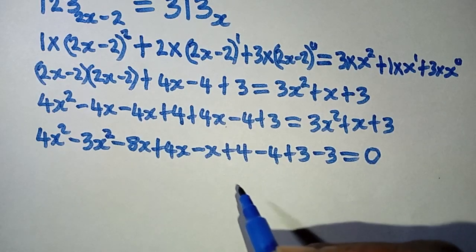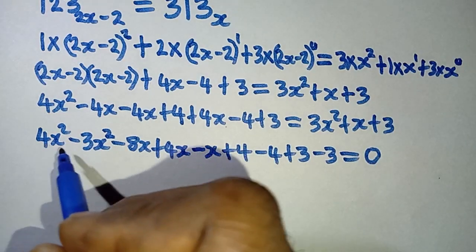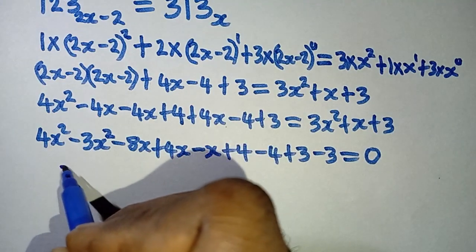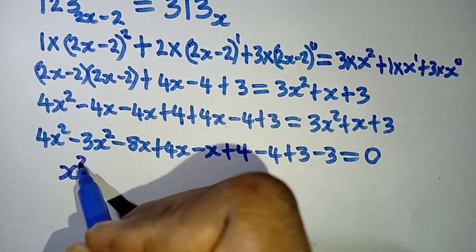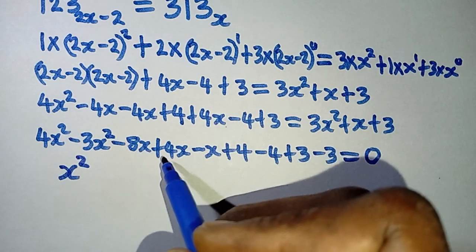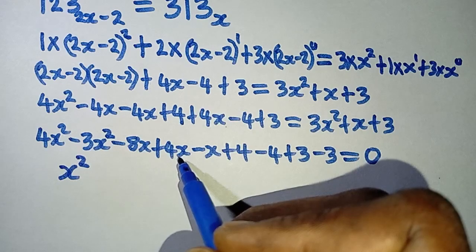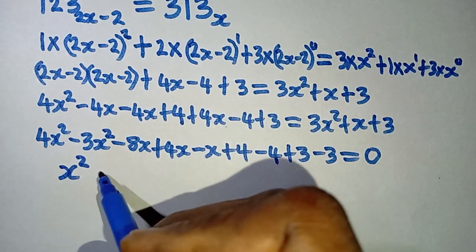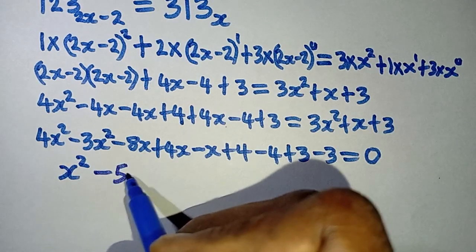Now, the next thing for me to do is to add the like terms. So 4x squared minus 3x squared, I have x squared. Negative 8x plus 4x will give me negative 4x. Then minus x will give me negative 5x.